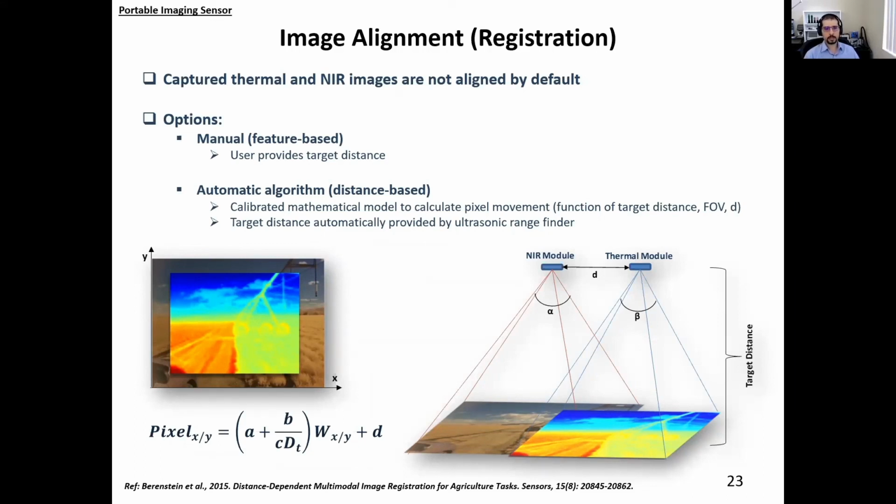It can be done either manually, and the user needs to provide the target distance, or it can rely on an automatic algorithm which moves the pixels of one image over the other based on the distance data that is provided by the ultrasonic sensor. If you check the reference that I have provided at the bottom of the slide, you can learn more about this method.